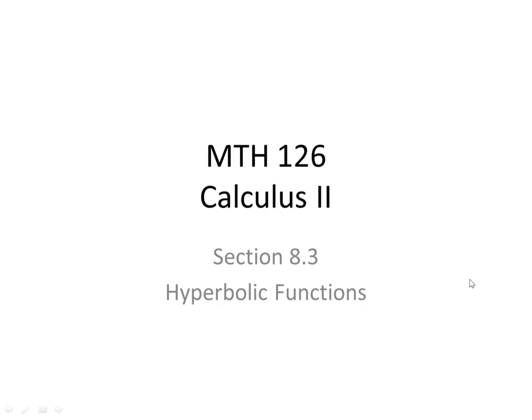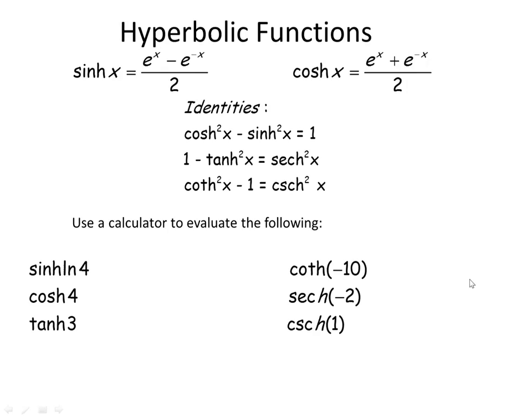When you hear me say these, make sure you understand what I'm talking about. The hyperbolic sine of x, I'll say sinh, and the next one will be cosh, and then you have tanh, then cotanh, then sech, and then cosech.